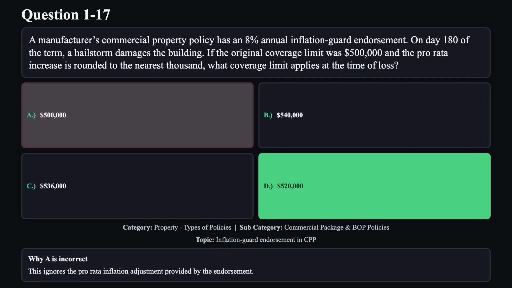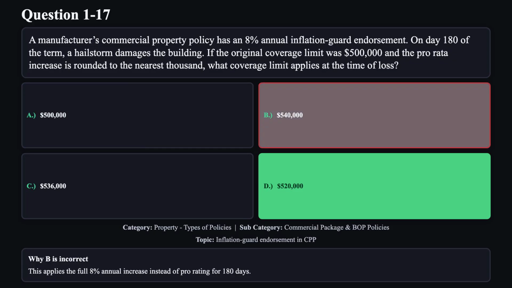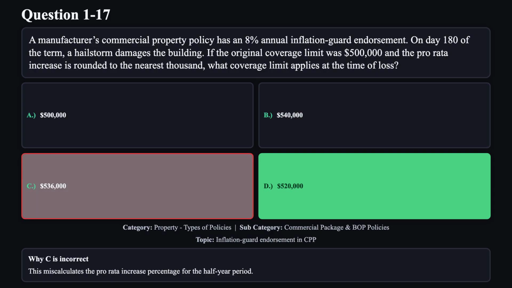Reason A is not correct. This ignores the pro rata inflation adjustment provided by the endorsement. Reason B is not correct. This applies the full 8% annual increase instead of prorating for 180 days. Reason C is not correct. This miscalculates the pro rata increase percentage for the half-year period.